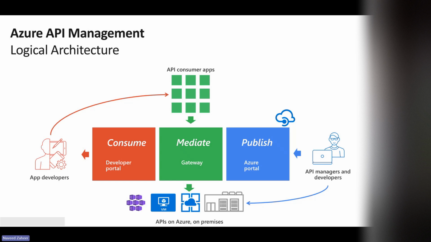What I mean is that you may have an API that is a legacy API written as a SOAP API. You can expose it as a REST API. You may have an API that does not support OAuth, but you want to secure it through OAuth. You can use Azure API Management and do that.